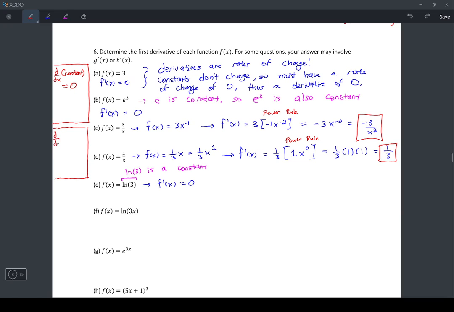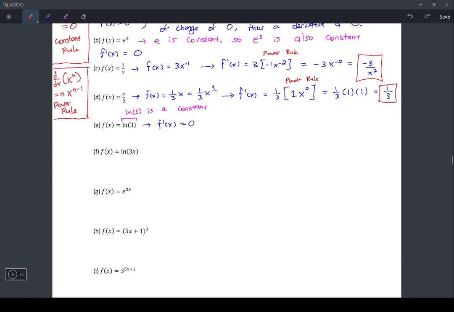D by dx of x to the power of n is equal to n times x to the power of n minus 1. That's the power rule. This is the constant rule. Okay, this one was the constant rule again.